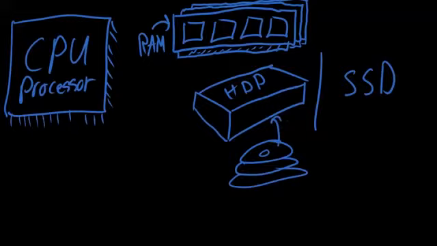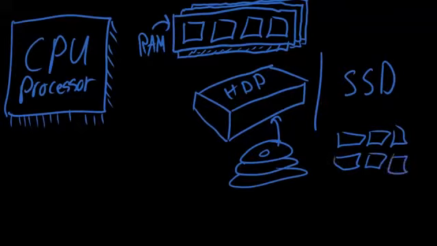So solid state is just a bunch of chips that are able to be accessed very, very quickly in fairly any random order, where the disk has to spin all the way around many times to get to your pieces of data.